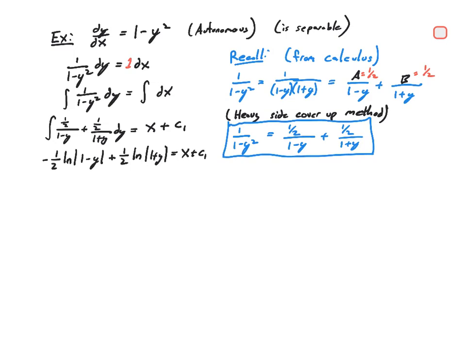Now, I'm also going to multiply everything through by a negative so I can solve for y. And I'll multiply everything through by 2. That'll make things actually a lot easier.